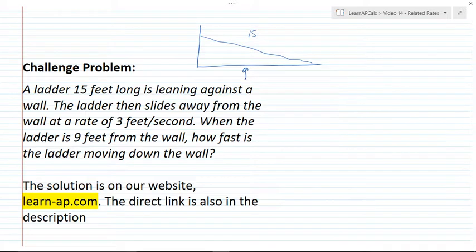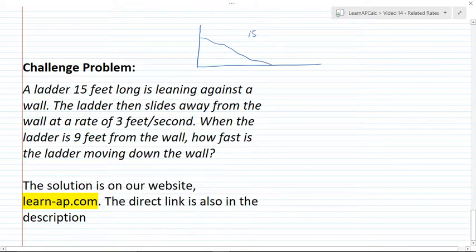So what I did was I drew the picture. I'll make this a little more clear for you. This is the best you're gonna get. So here's a ladder leaning against a wall that's 15 feet long, and our distance is 9.